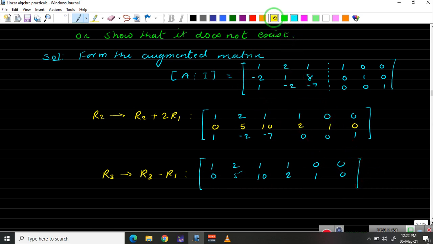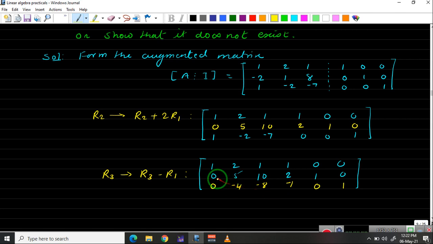By using the operation R3 minus R1. So this minus this: 1 minus 1 is 0, -2 minus 2 is -4, -7 minus 1 is -8. Then 0 minus 1 is -1, 0 minus 0 is 0, 1 minus 0 is 1. So this is the matrix we will get, right?